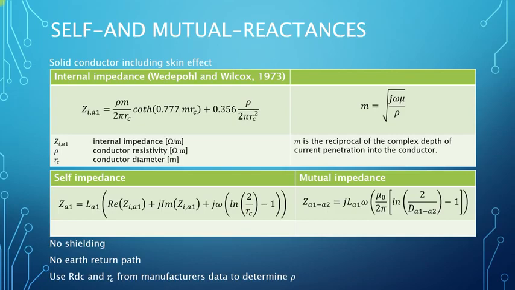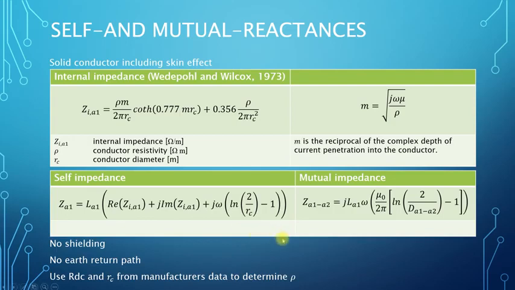So to form the total self-impedance of the cable conductor, we take the real and imaginary parts of this expression. So this gives us the resistance, this gives us the reactance due to the flux which is internal to the conductor, and this expression gives us the reactance due to the flux which is external to the conductor.